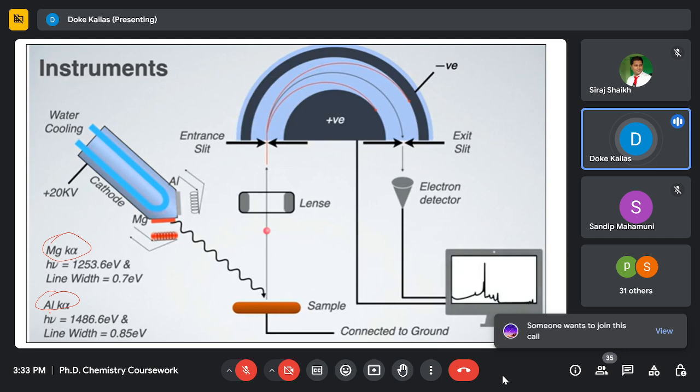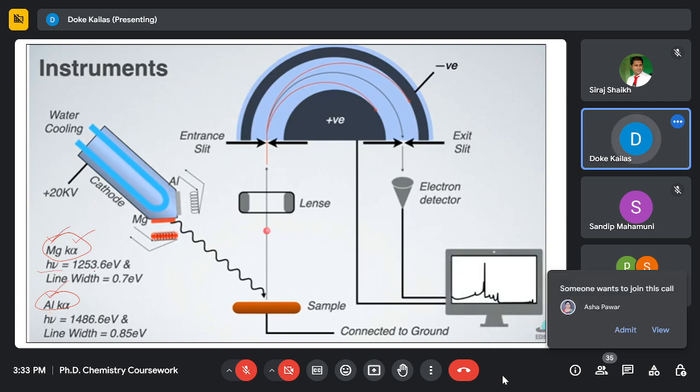If it is a magnesium anode and K alpha, which I explained yesterday, if it is monochromatic, its energy is 1253.6 electron volts. And if it is aluminum K alpha, which gives more energetic X-rays, its energy is 1486.6 electron volts. So this is the cathode, this is the anode.